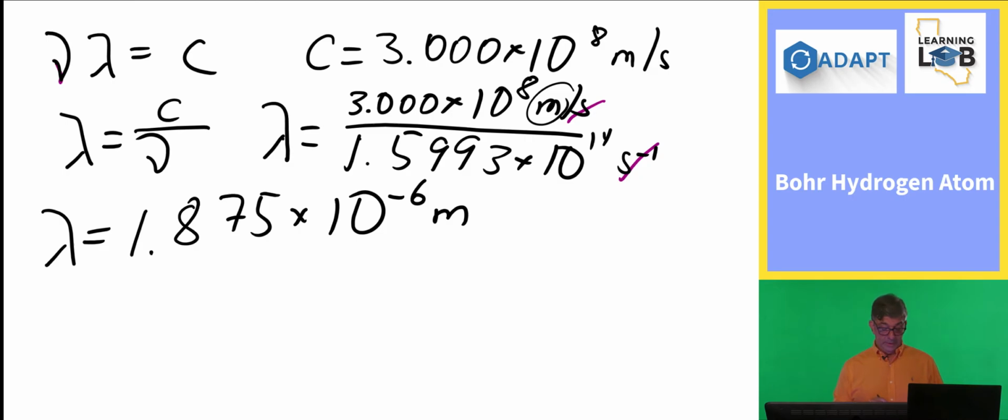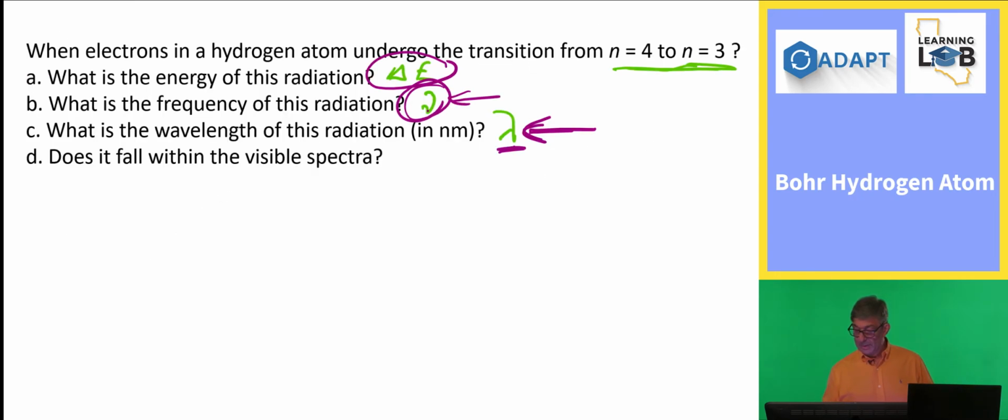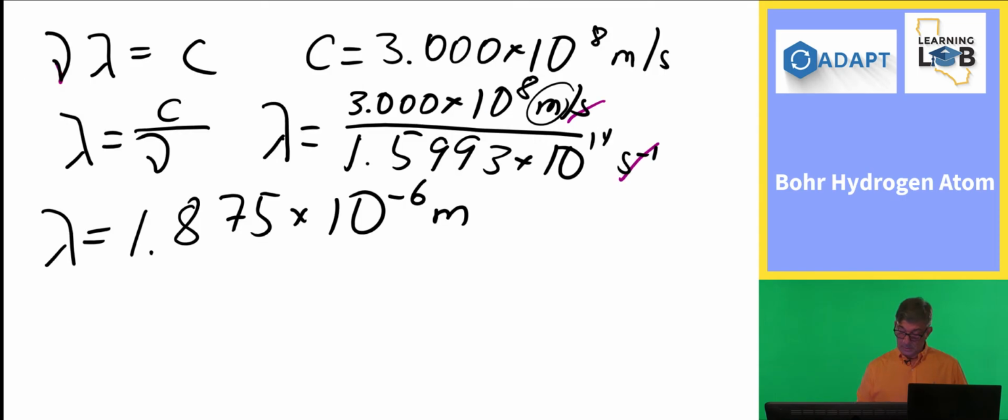And that's the wavelength. We were asked in the problem to identify this wavelength in nanometers, because many of us have committed to memory what the visible region of the electromagnetic spectrum is in nanometers. So we have it in meters, and let's convert that into nanometers.